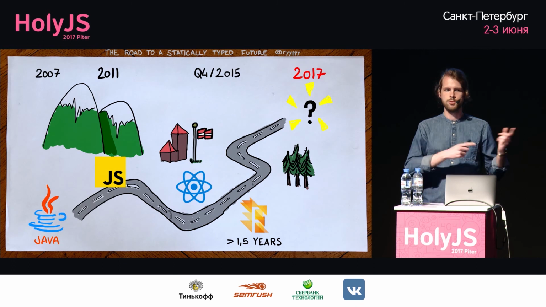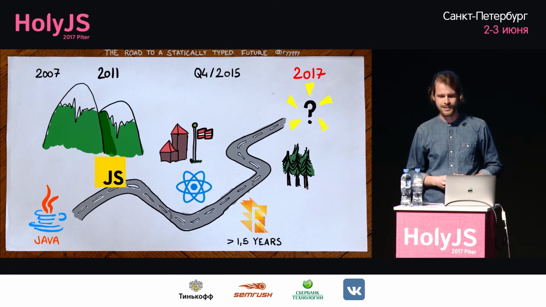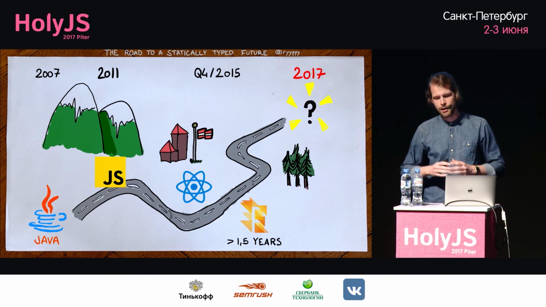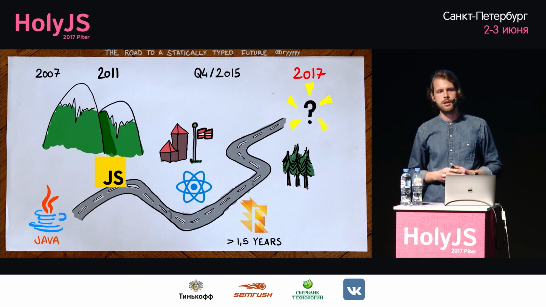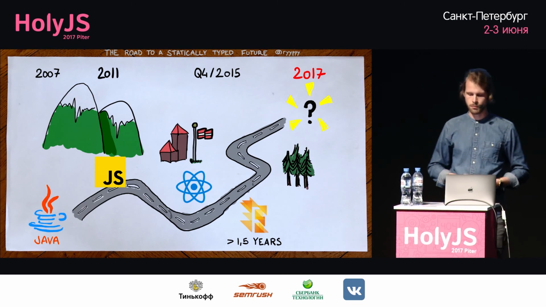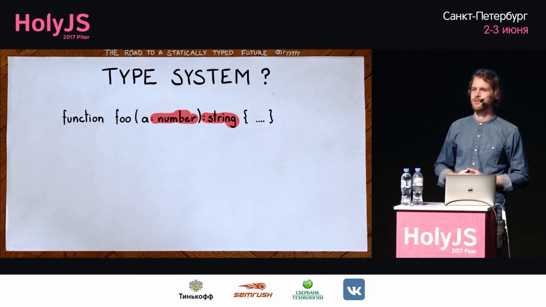Maybe you attended the previous talk, which was in Russian. I'm not sure how many have seen that. But I would like to go one step further and say what I believe will be an even better typing experience in 2017.